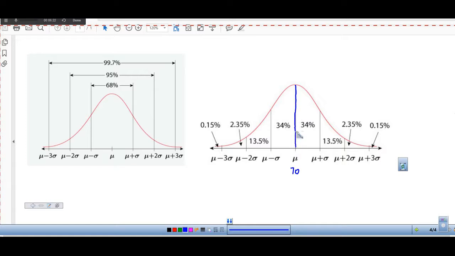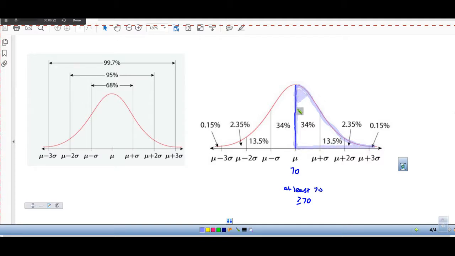It doesn't matter what the standard deviation is. At least 70 means greater than or equal to 70. And so what percent of the scores are going to be greater than or equal to 70? It's going to be over here.